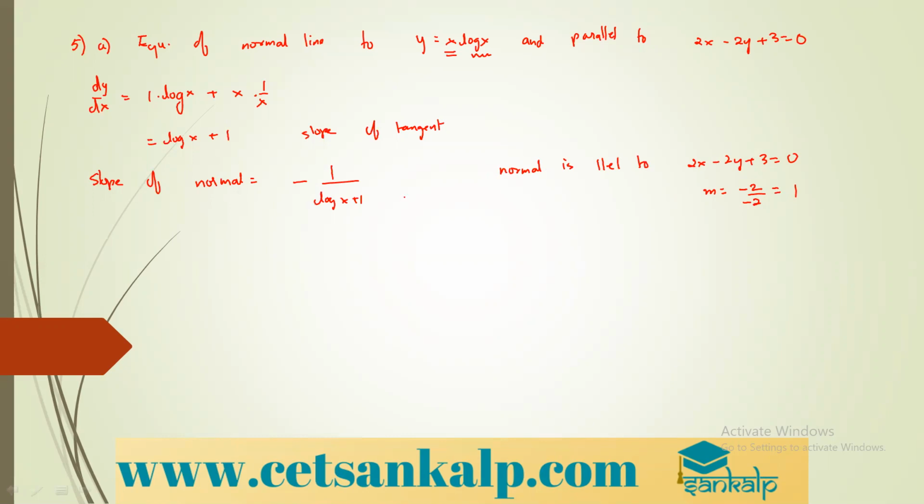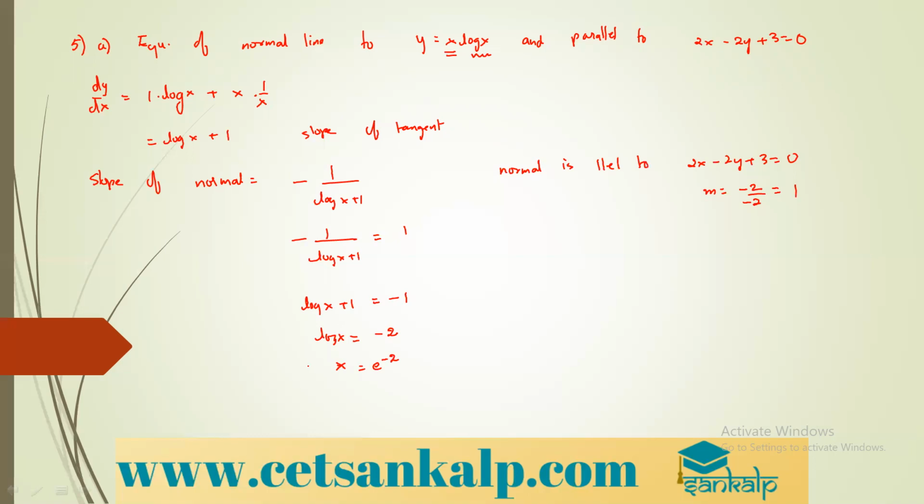So the slope of the normal has to be 1. Minus 1 by log x plus 1 should be equal to 1, or log x plus 1 should be equal to minus 1, or log x must be equal to minus 2, or x should be equal to e power minus 2.